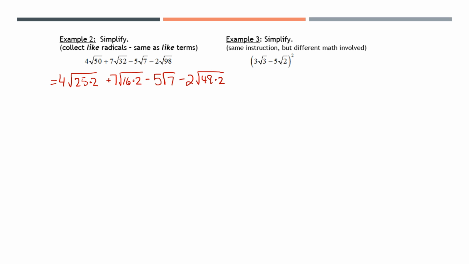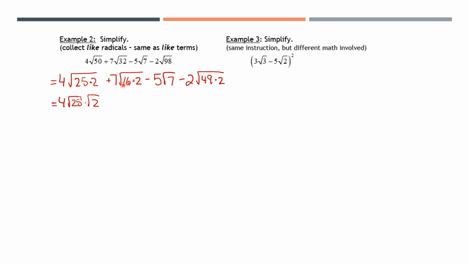Okay, back to our first row. I don't need to always write this out twice, but I will this time to explain what I'm doing. 25 times 2. I could just go ahead and instead of putting the 25 there, just put a 5 there, right? I could skip that step.